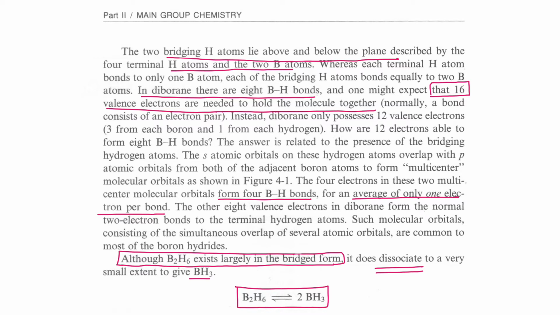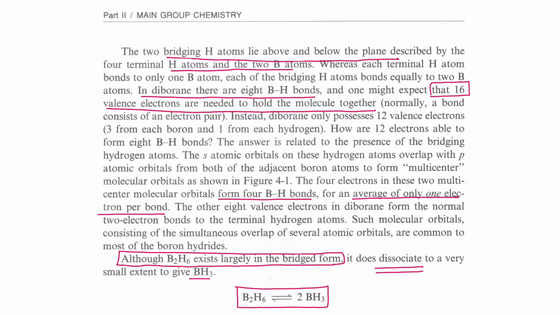So in diborane there are 8 BH bonds, for which we expect to have 16 valence electrons, and in fact this compound contains only 12 valence electrons to form the 8 bonds, 3 from each boron atom and 1 from each hydrogen, and they are holding the molecule together.